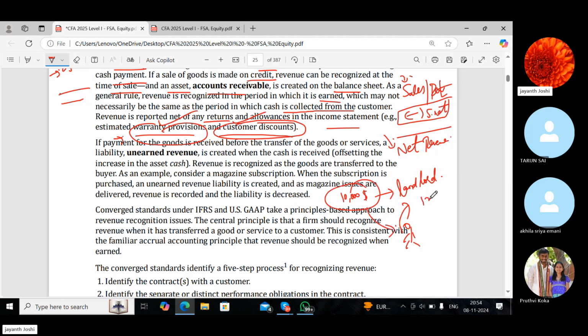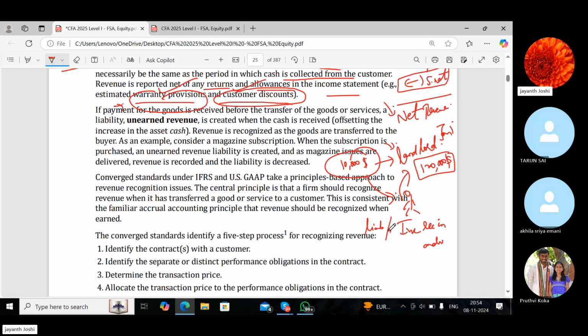The tenant has paid $120,000 to the landlord in advance on Jan 1st. So this $120,000 is a liability for the landlord. That liability is nothing but income received in advance. We can say deferred revenue, or we can say unearned revenue.